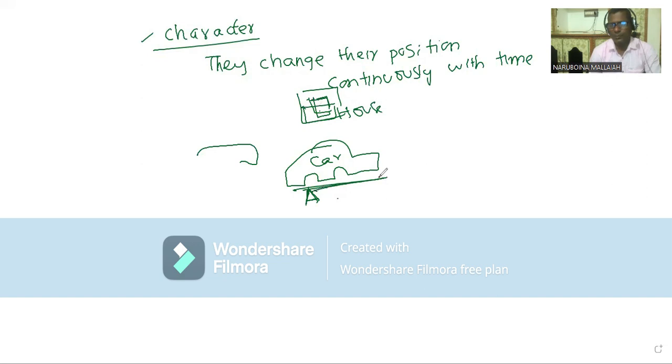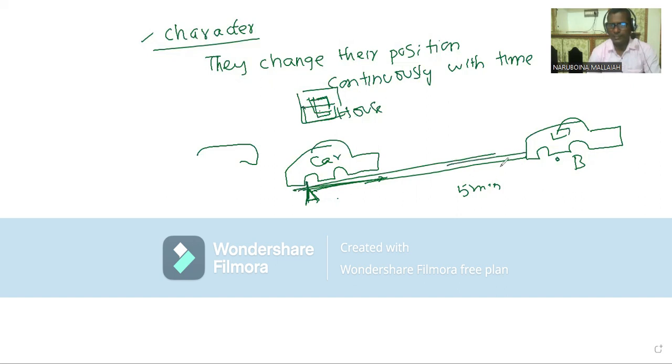Now it started moving. After 5 minutes, this car reaches the point B. Now the car is far away from the initial point. Earlier it was at point A. Now there is a change in position.